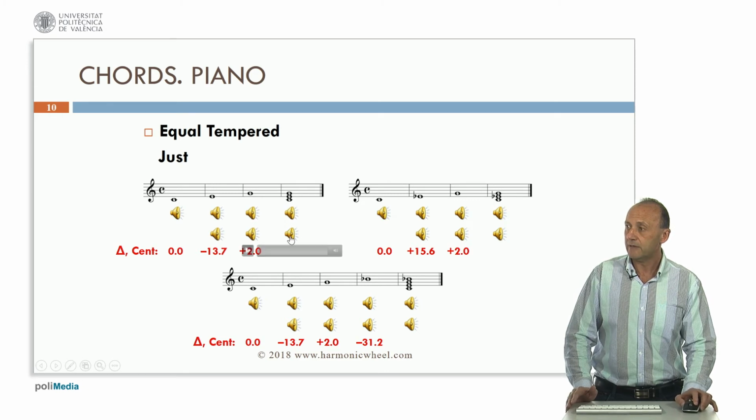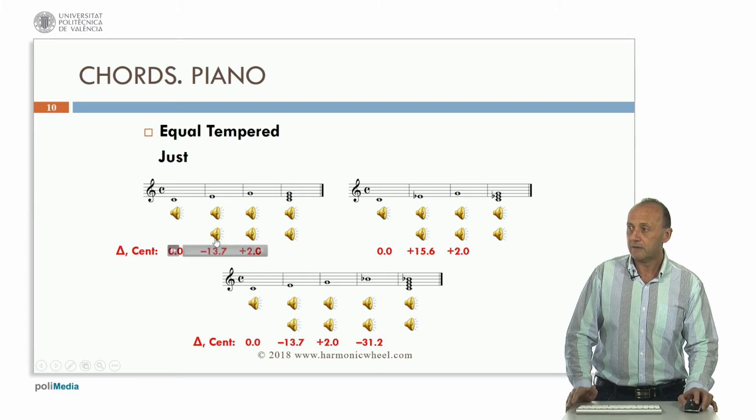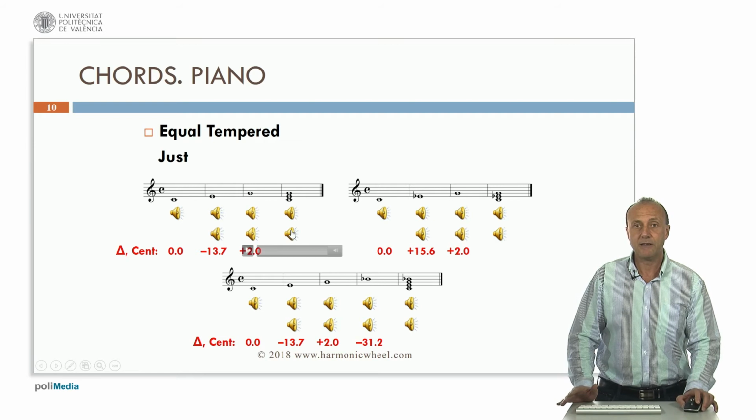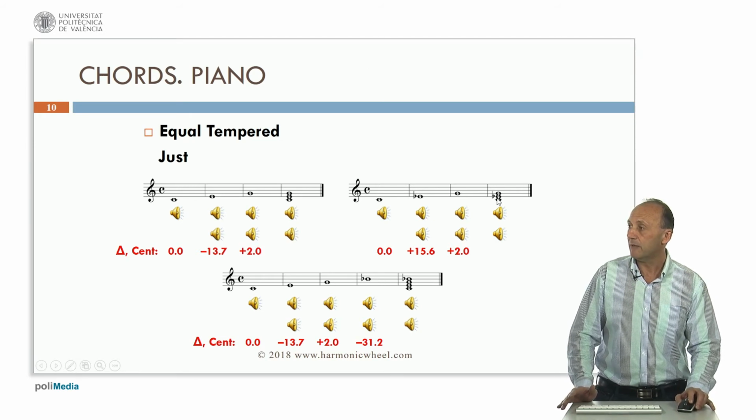So let's listen to C major chord in both systems, in equal temper and just intonation. The difference is mainly the E note. Now it's lower. Let's listen again to the two chords. There is a little difference between them.